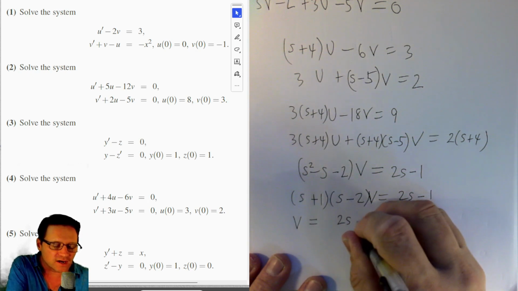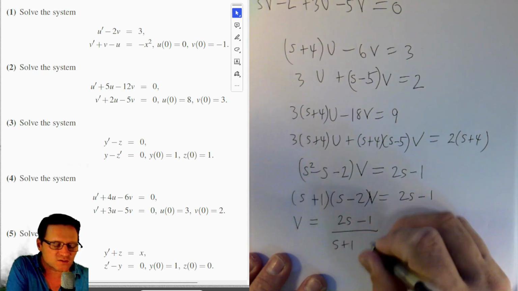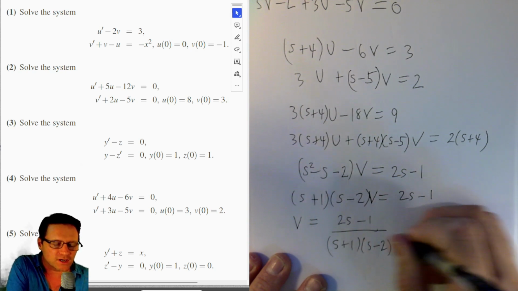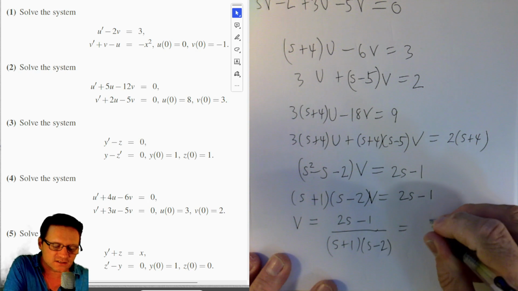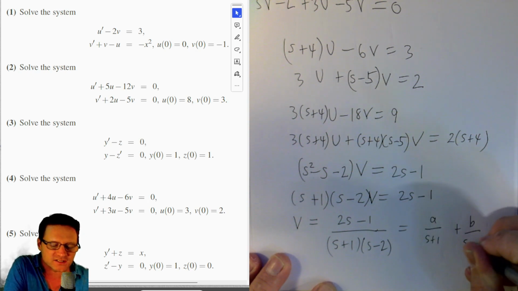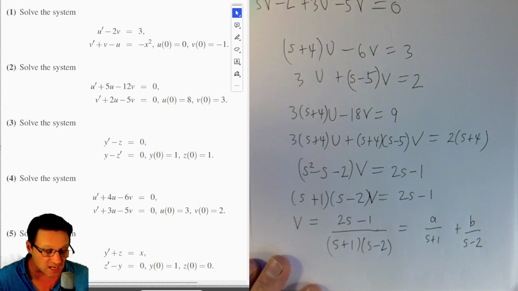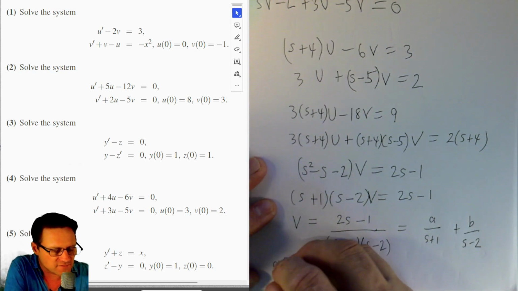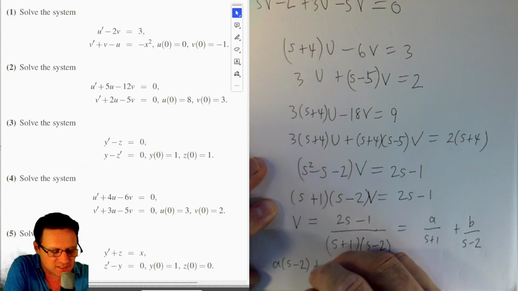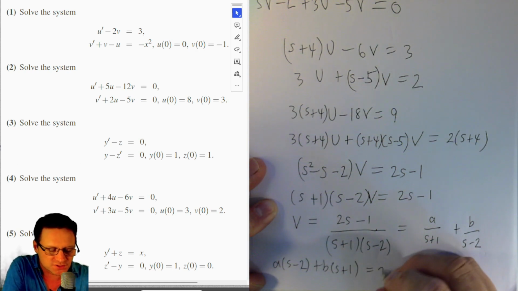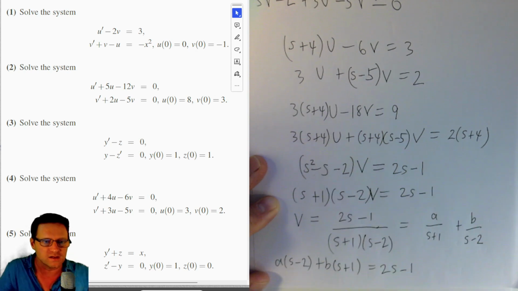So we have (2s minus 1) over (s plus 1)(s minus 2). We want to use partial fractions on this and call this A over s plus 1 plus B over s minus 2. Now, putting this back together, we have A times (s minus 2) plus B times (s plus 1) should be equal to 2s minus 1.